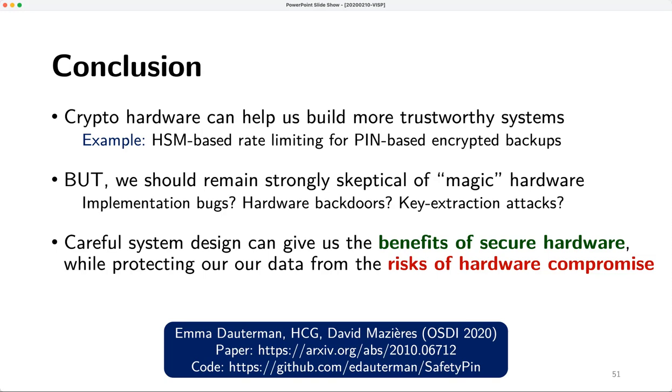Does a better PIN, like 8 digits instead of 4, increase the security of a safety PIN, or is it pointless? Yeah. So, it does. If you look in the paper, there's an expression for the attacker's advantage in a security game that we define.